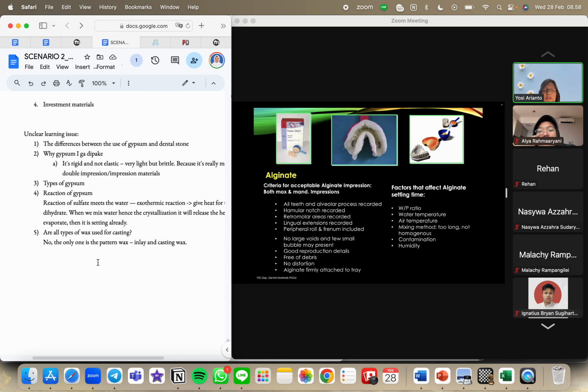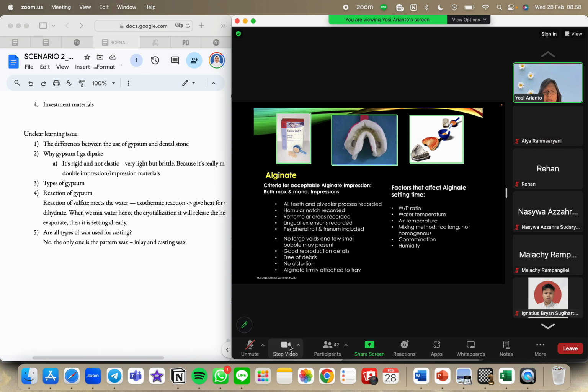Okay, next, this is the alginate. You have already used it last time. This is the alginate impression for both the maxillary and mandibular impressions. So please, you have to know that there should be no distortions.